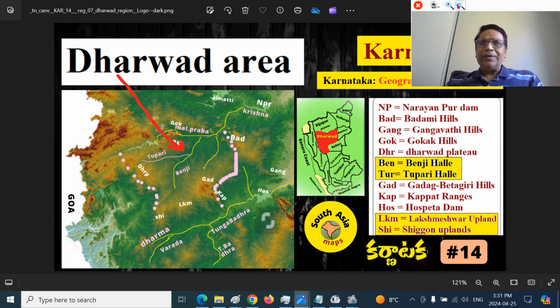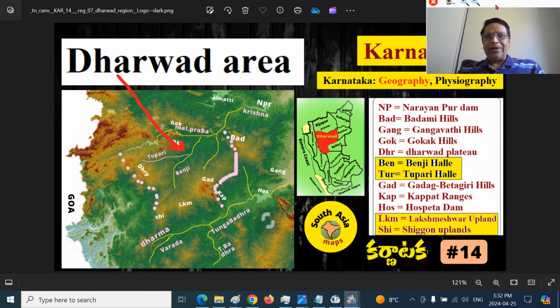These are the sub-regions of the Dharwad Plateau region, and this is the Narayanpur Dam here, and this is the Almatti Dam on the Krishna River. Much of the Dharwad Plateau area is south of the Malaprabha River.